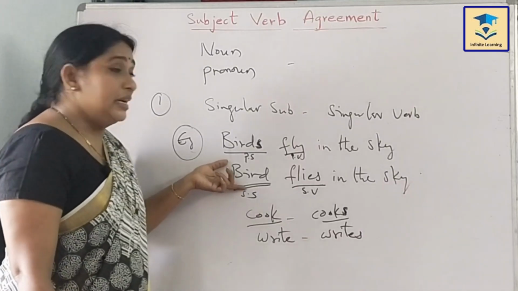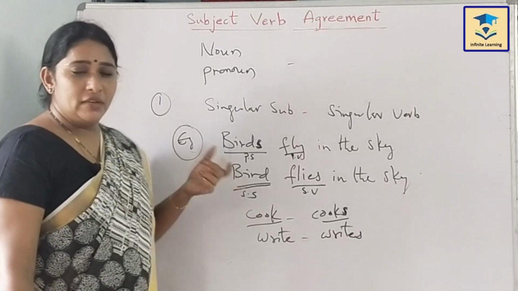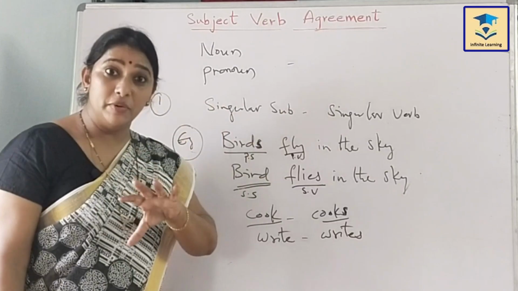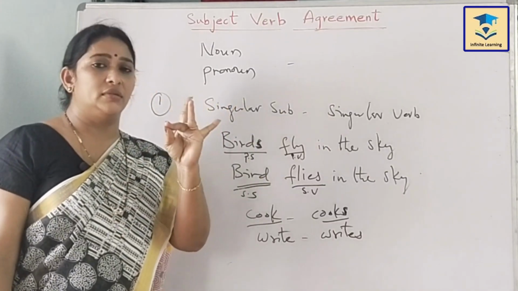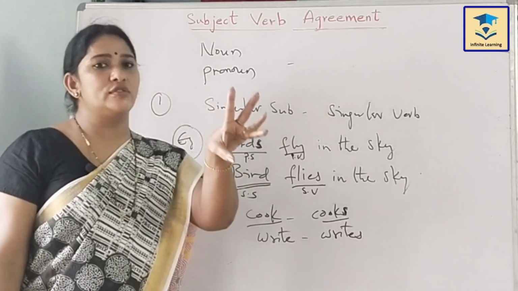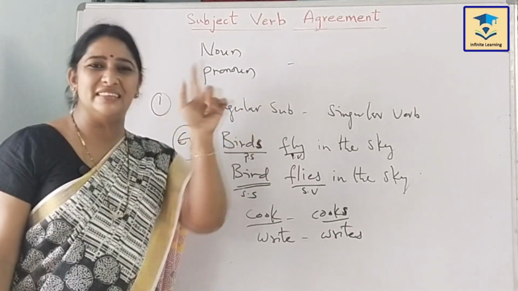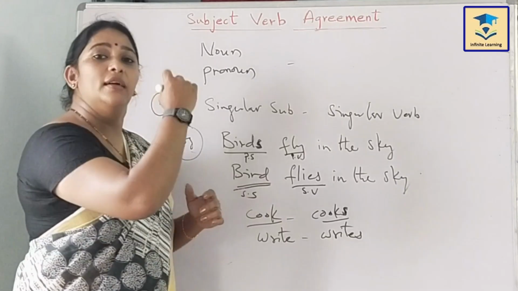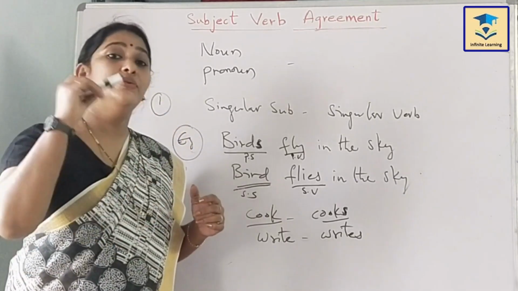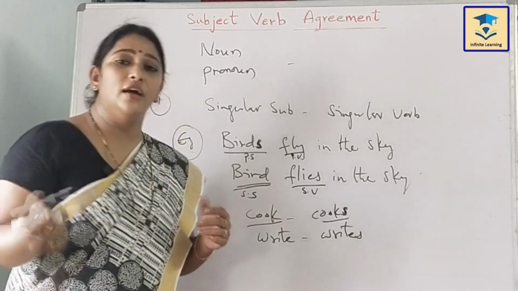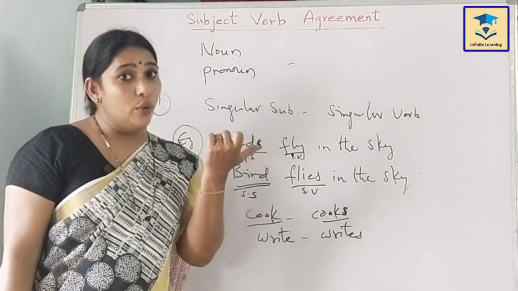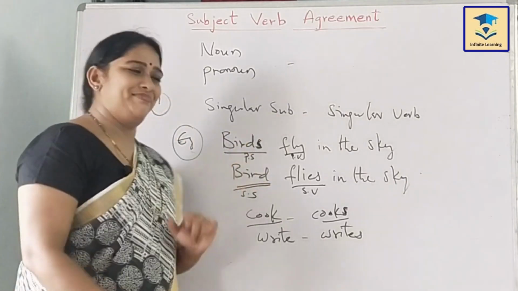So, bird is the third person singular now. That's not the first person or the second person. He, she, it. He goes to school. I go to school. He goes to school. What is added to go? Es is added. So, I told you right. If S is added to the verb, then it is singular. If S is added to the noun, it is plural.